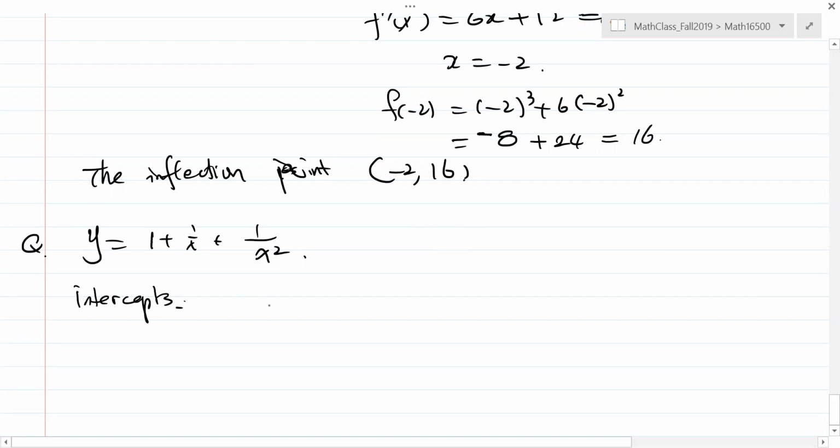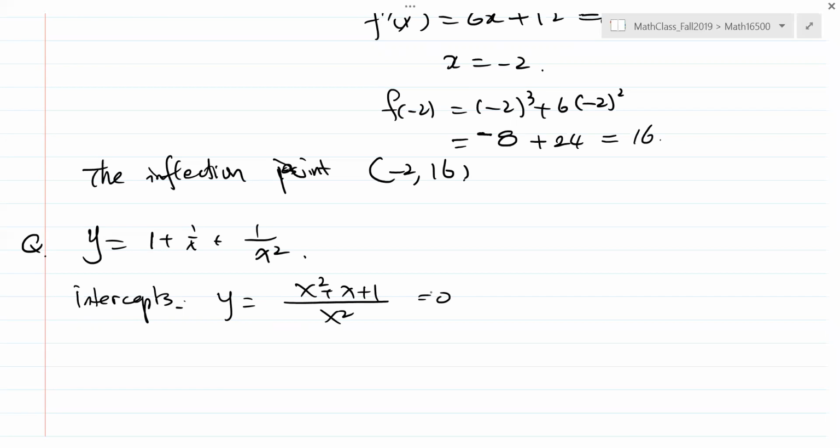Let's see if we have a y-intercept or x-intercept. x squared plus... it's never negative, right? I think it's always positive, no solution.